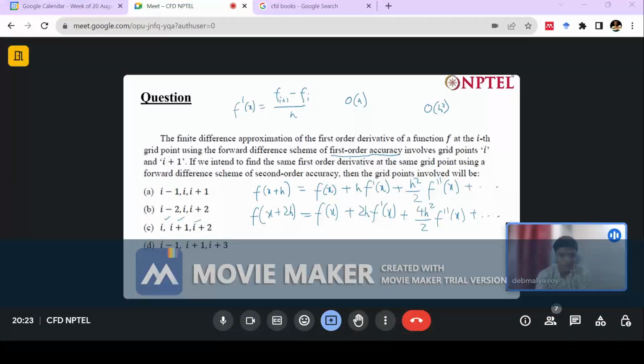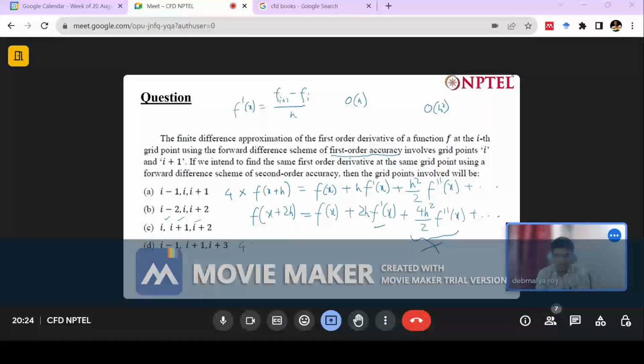What is my task here? My task is to find f dash x with second order accuracy. Second order accuracy means I will try to eliminate this term. This is a simple algebraic problem now. Here the coefficient of h square is 2, and here the coefficient of h square is half. So I will simply multiply 4 with this equation and subtract. This particular term will get cancelled.